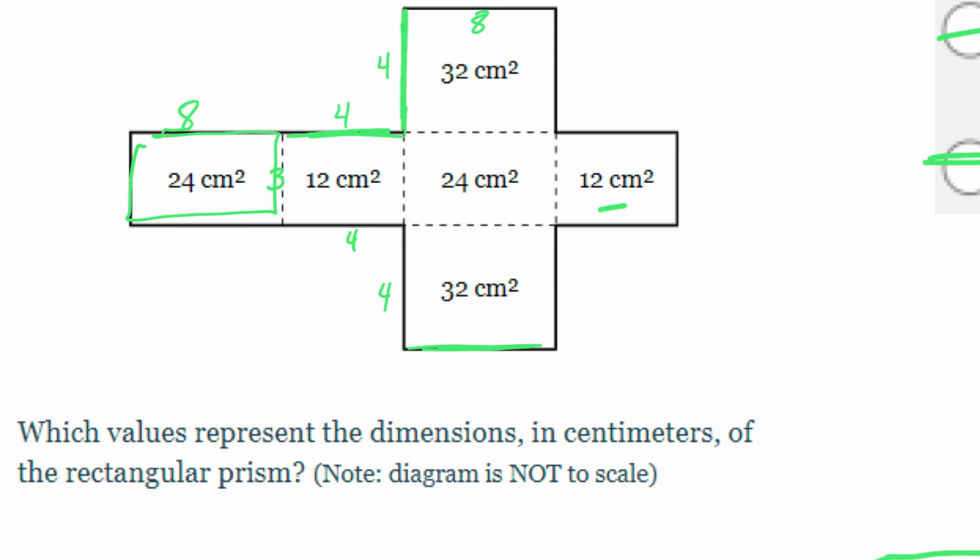So what we see is all of these values do work, because this square that we first look at would be 8 by 3, which is an area of 24. So would this.